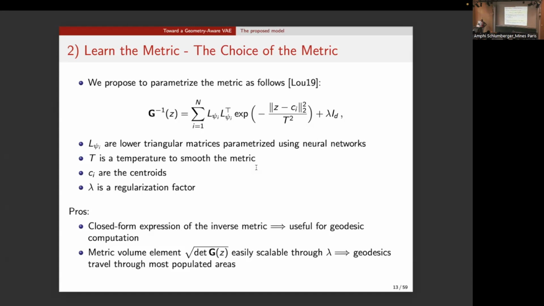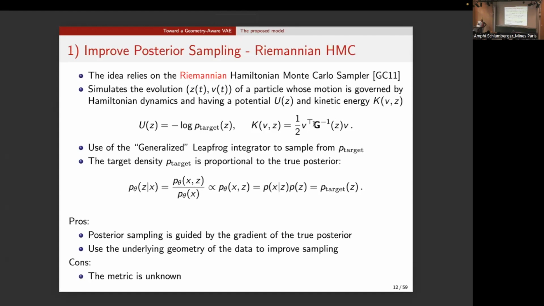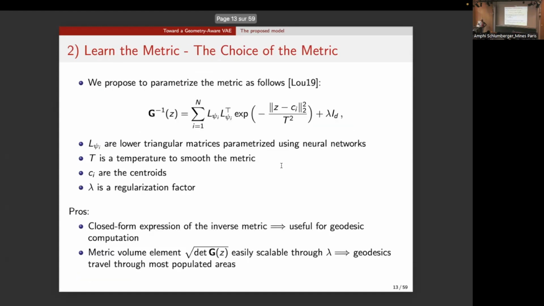There are good points as well, as you have a closed form expression for the inverse metric. And if I go back, you see here that I will have the inverse metric everywhere. So good point. And actually, you can compute the geodesics quite efficiently. Then there is another good point.